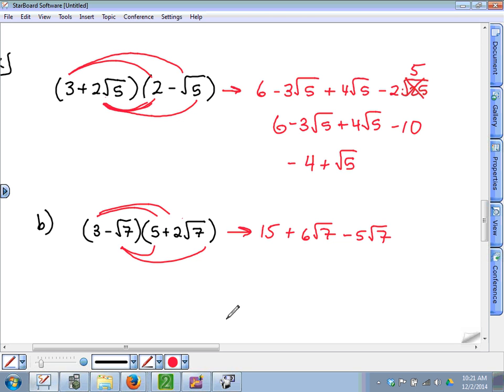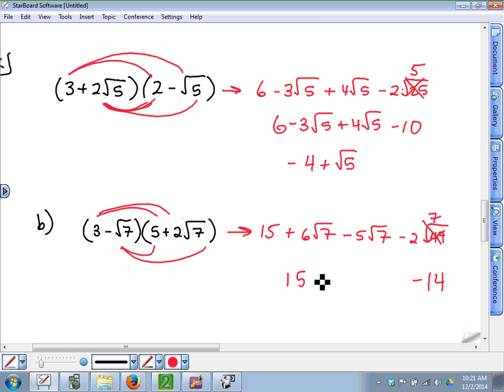And then negative root 7 times 2 root 7 is negative 2 square roots of 49. But the square root of 49 is just 7. Negative 2 times 7 is minus 14.